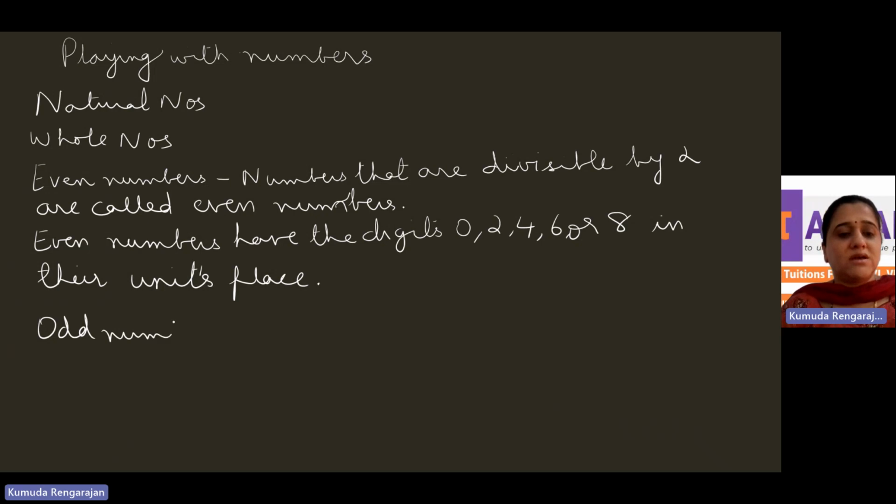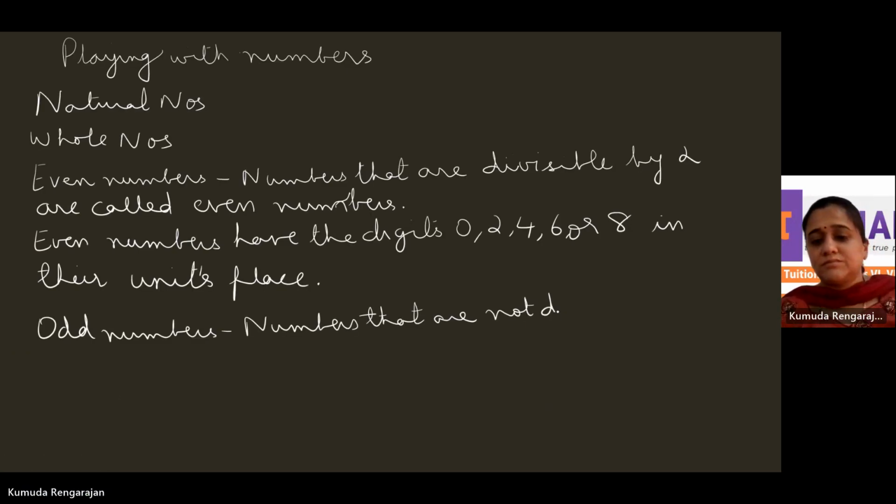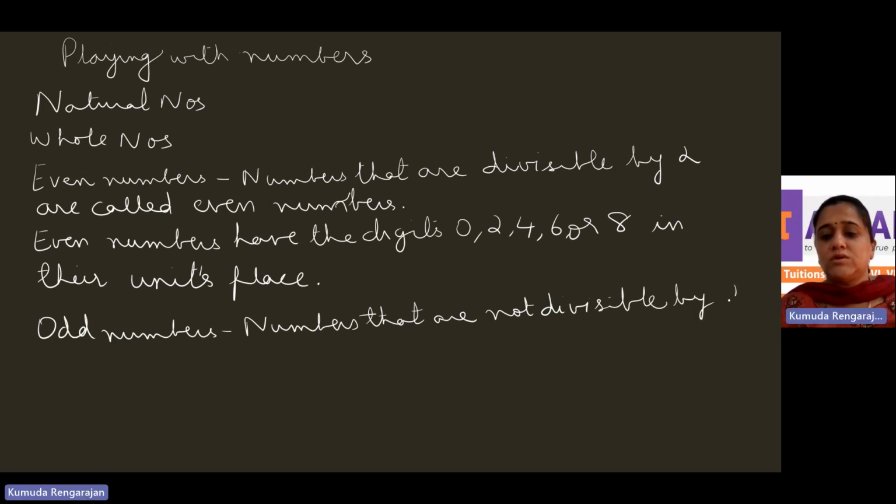Odd numbers. Numbers that are not divisible by 2 are called odd numbers.